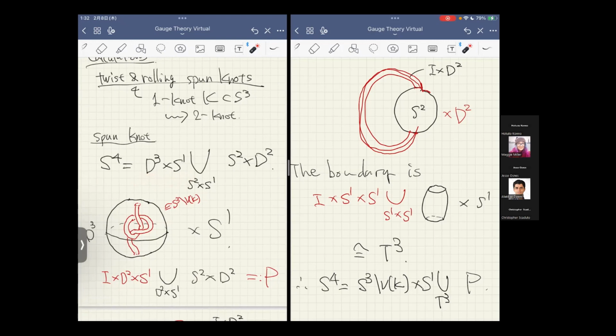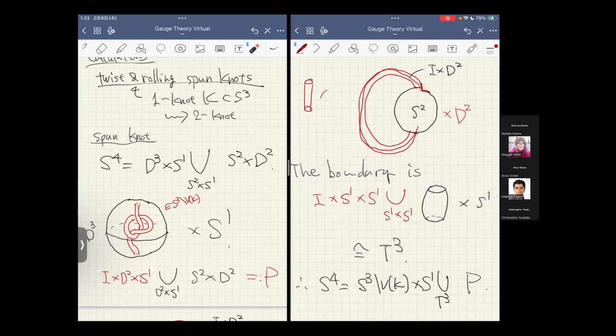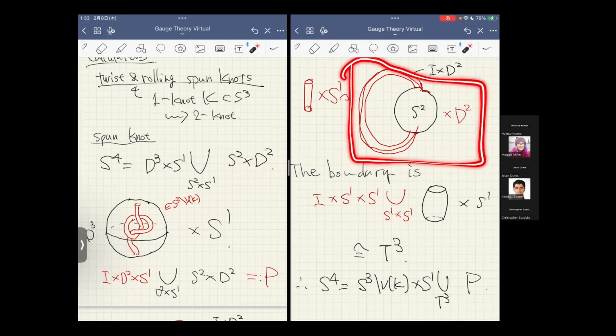If we take a knot in D3 and consider the tubular neighborhood of this knot, then if we remove the tubular neighborhood of this knot cross S1 and attach the tubular neighborhood of knot cross S1 to this part, we have such a four-manifold.